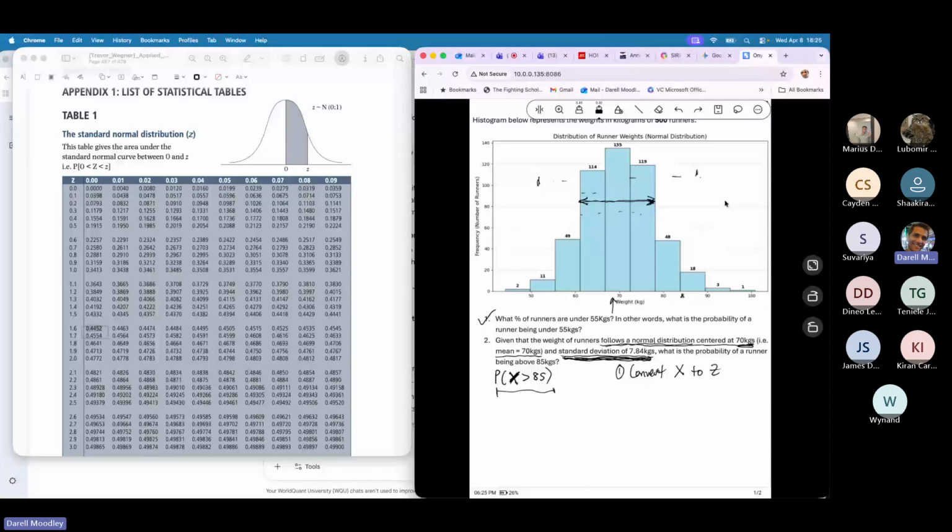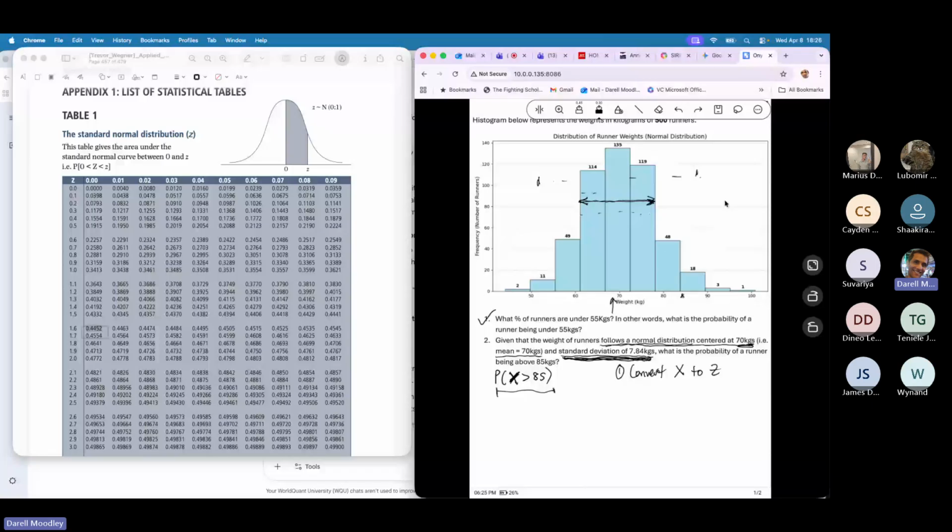And why we need to convert X to Z is because we can't have a table for every single measurement that exists, right? Because if we had a table for this set of runners, then we also have to have a table for maybe another set of runners from another country, or maybe students that scored certain marks in an exam. Everything has a distribution, and we can't create a table for every single thing.